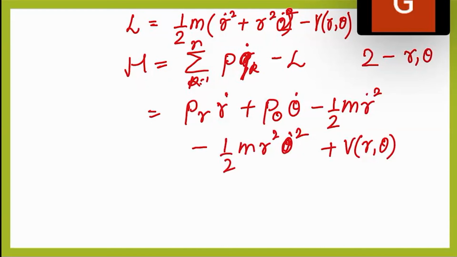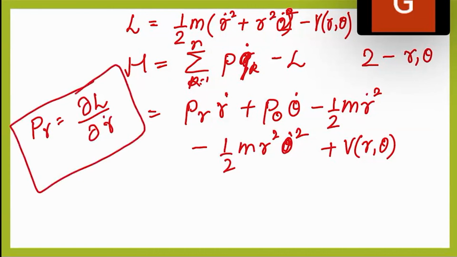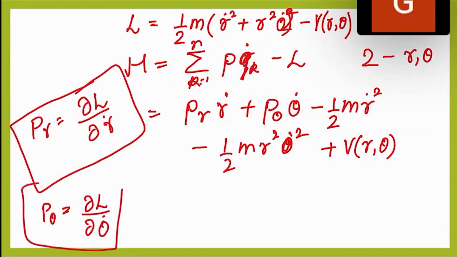So what I will be doing is utilizing the concept that p r is equal to del L by del r dot. This is the definition of conjugate momenta. Similarly, p theta is equal to del L by del theta dot. Now, plugging in the values, this is your L, find del L by del r dot.